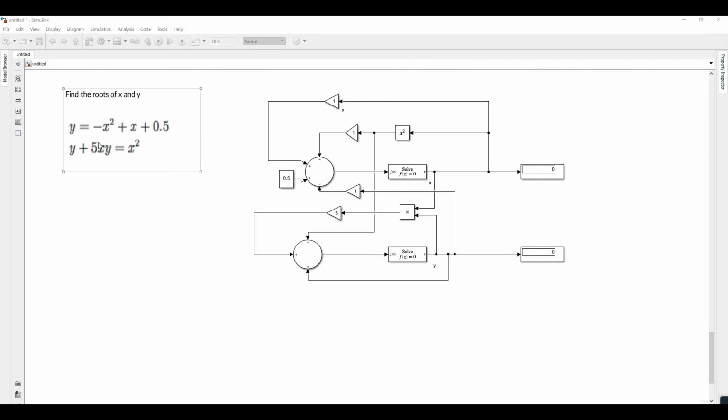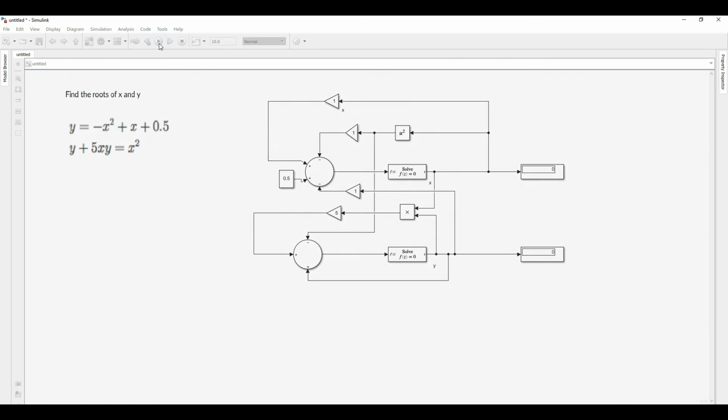And then for our next equation, since we equate it to 0, x squared here is negative, and then for our 5xy, we use a product, and then we multiply the x and our y, and then positive 5, and then our positive y. So to get the value of x and y, we just run it.